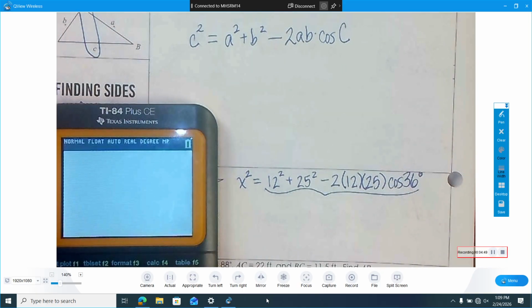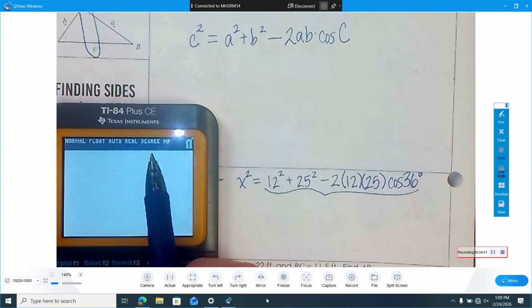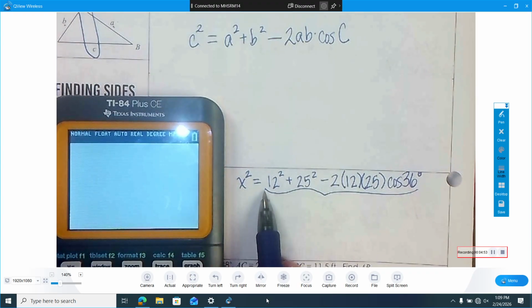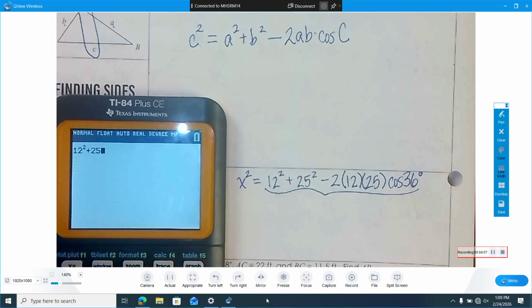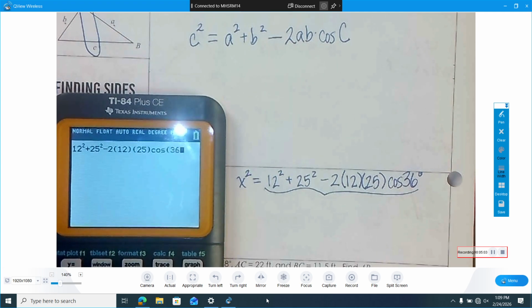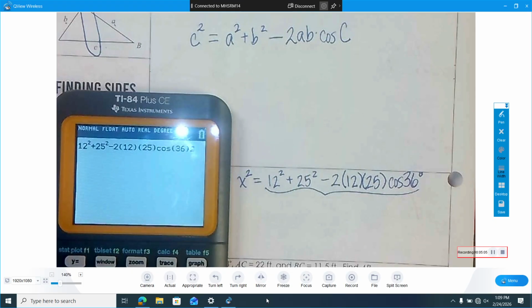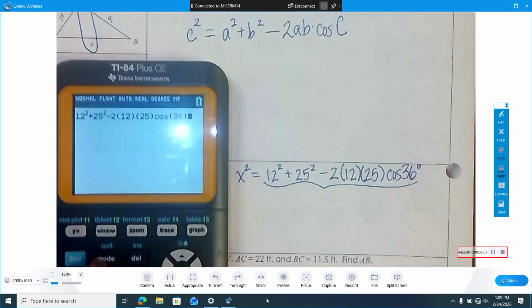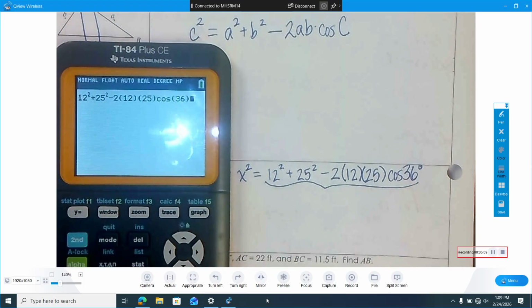Make sure you're in degree mode. Then I put everything in on the right-hand side: 12 squared plus 25 squared minus 2 times 12 times 25 times the cosine of the included angle. How do you switch it back to degree? Go to the mode button and go down. You'll see radian and degree in there.